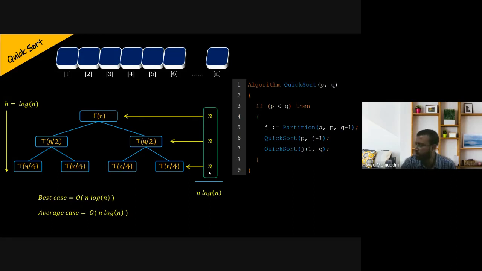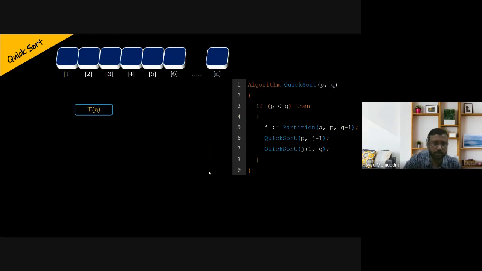Now the worst case is when the elements are already sorted. That is, when the elements are already sorted and we are trying to perform quick sort, that is the worst case. If the elements are already sorted and you try to perform quick sort, the time complexity will be worst.